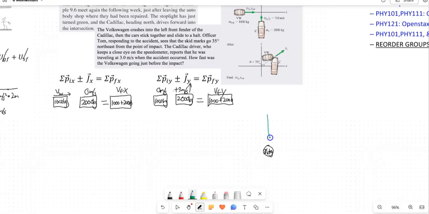We're going to set up a coordinate system just like I taught you: plus y, negative x, negative y. So after they hit, they're going to be moving off at some final velocity, v final, which is what we need to solve for.